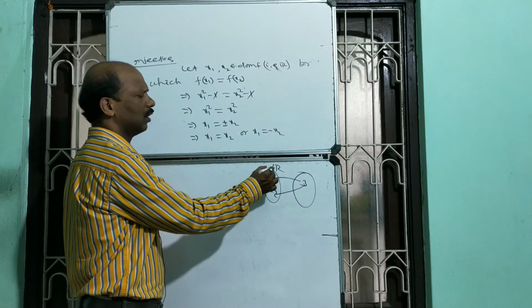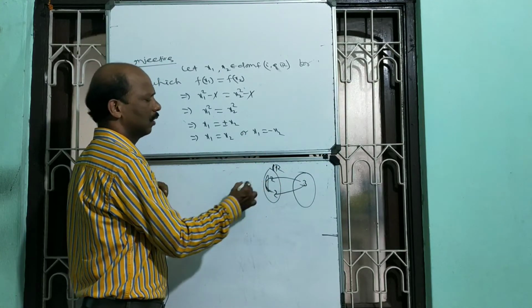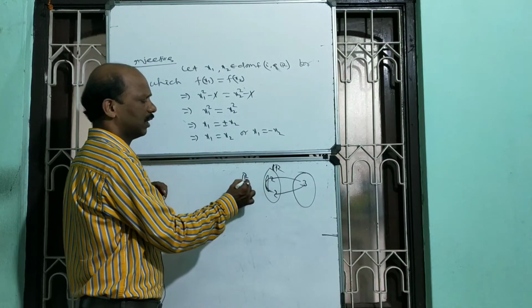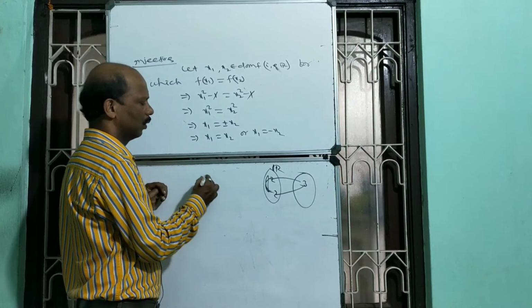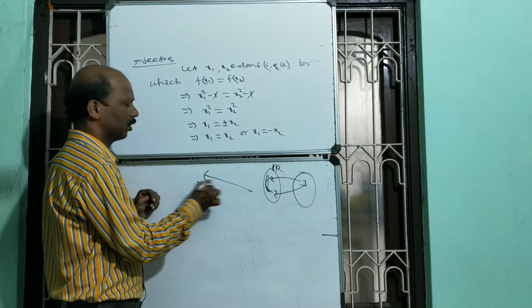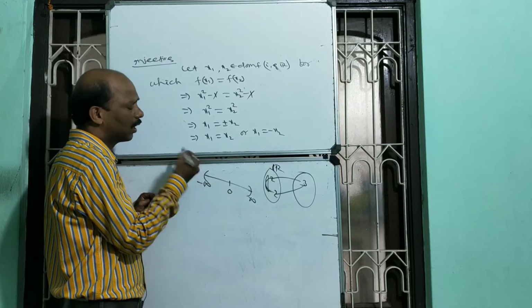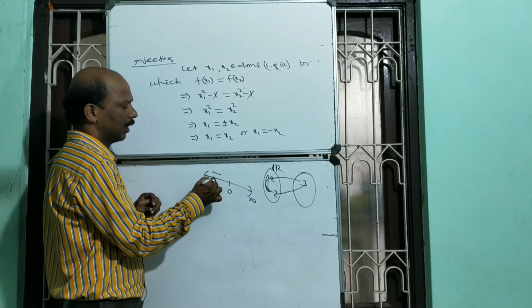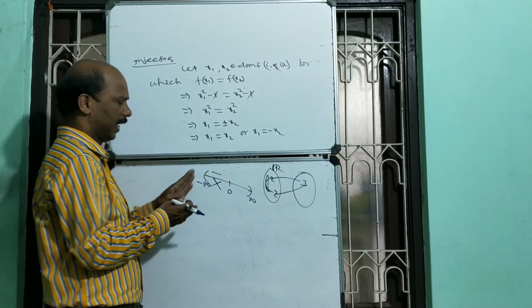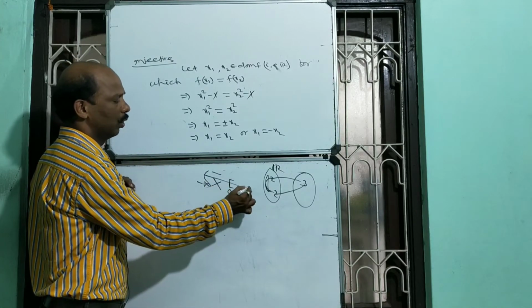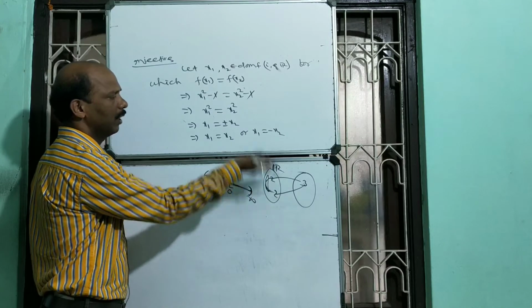But if you restrict the domain in place of R, that is, we neglect the negative real numbers, that is, if you restrict the domain from R, which is minus infinity to plus infinity, to 0 to infinity, neglecting the negative real numbers, then it will be injective.